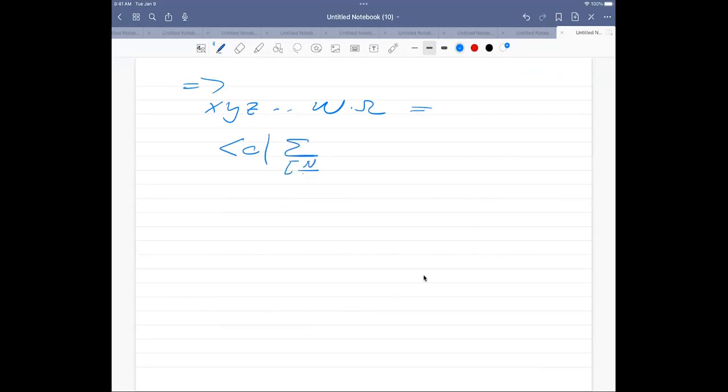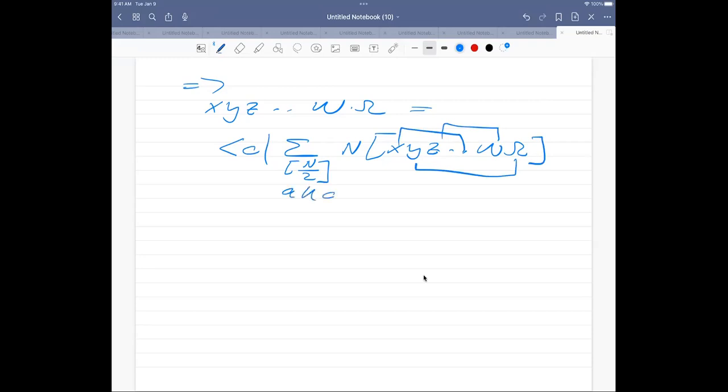So that is n divided by 2, the number of operators now. This is normal ordered. And then I have x, y, z of omega, of w or omega. And then all operators are being contracted. So all contractions. All contracted.